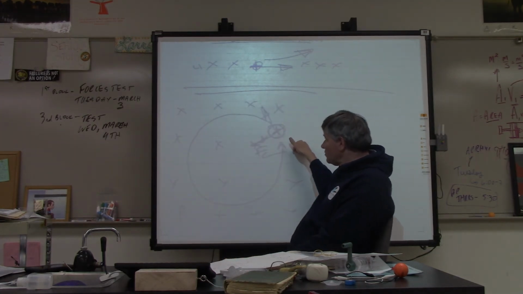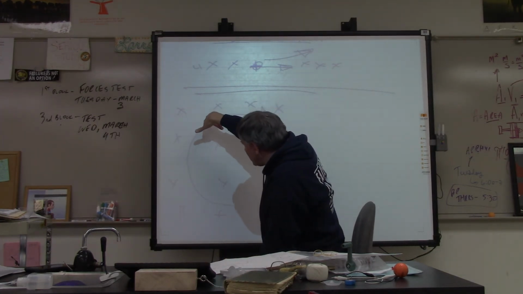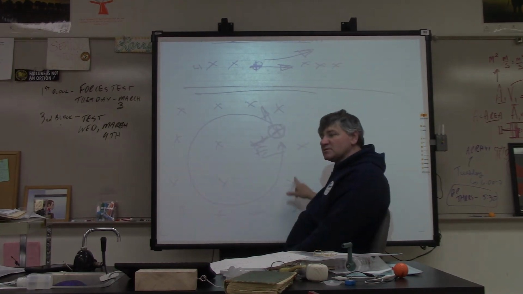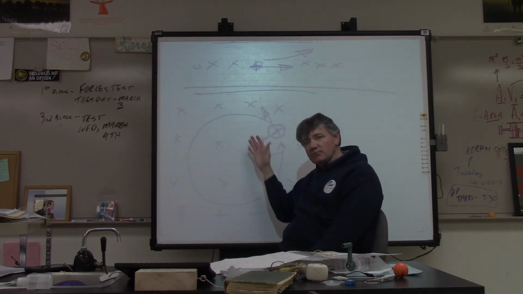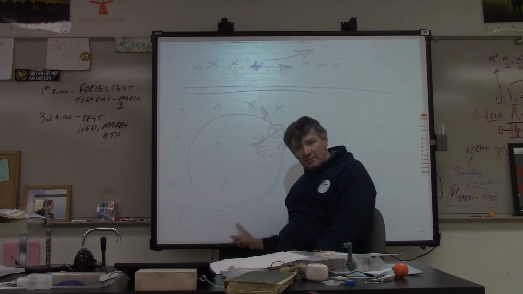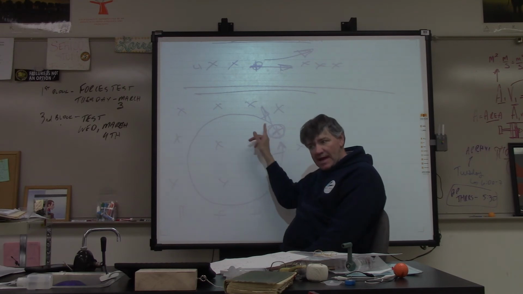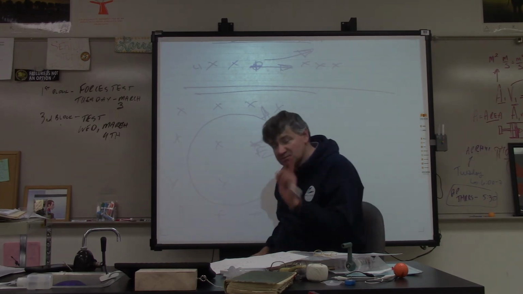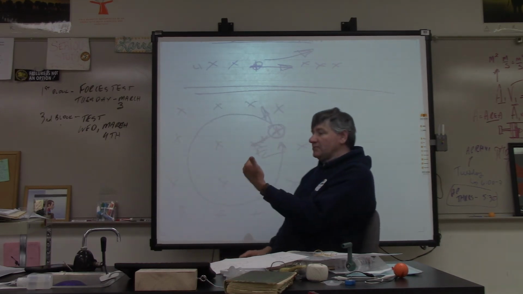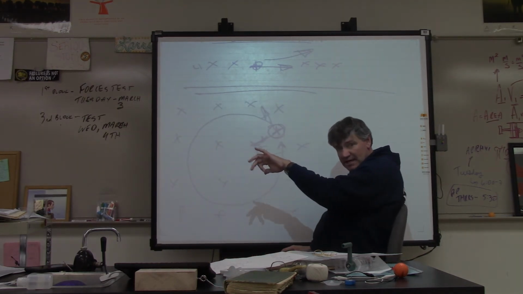So now here's the cool thing about this. No matter where I go, as I go around, that force is always going to be acting inward towards the center of the circle. Now, oddly enough, if this were an electron, and I wanted to make it move in a circle, then I'd still have to have the force acting inward.